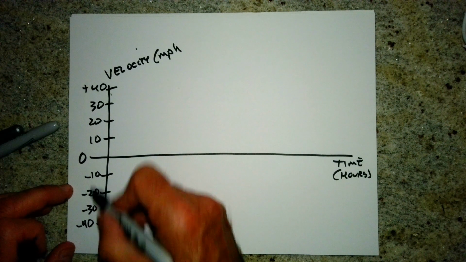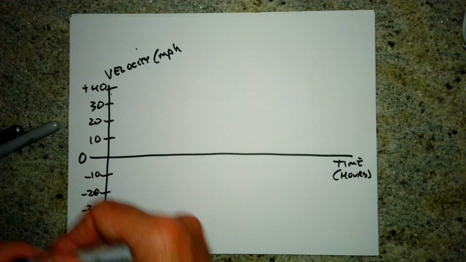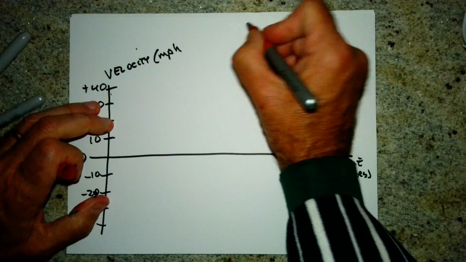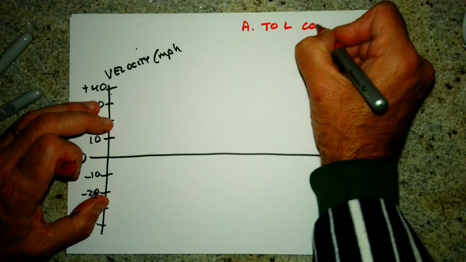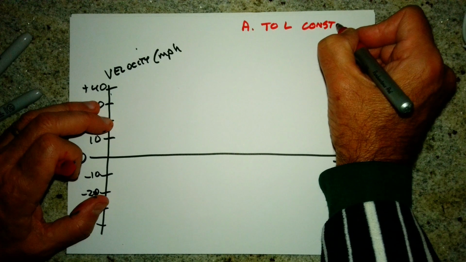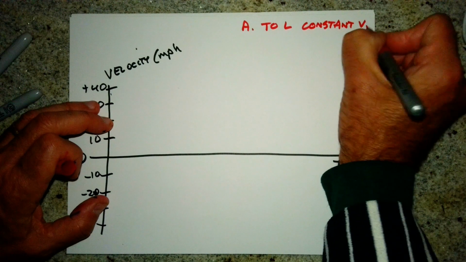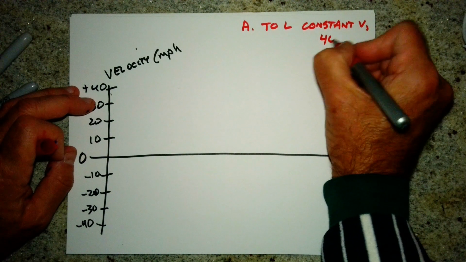Notice for negative numbers, you really need to write the negative in front of every one. Okay, so let's say car A, moving to the left, constant speed, and let's say 40 miles per hour.